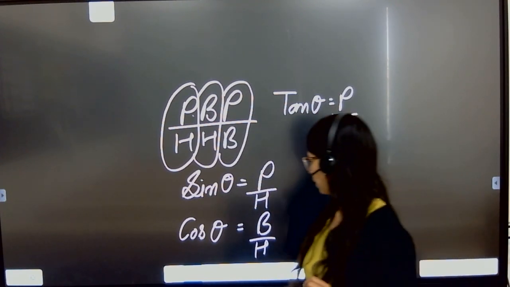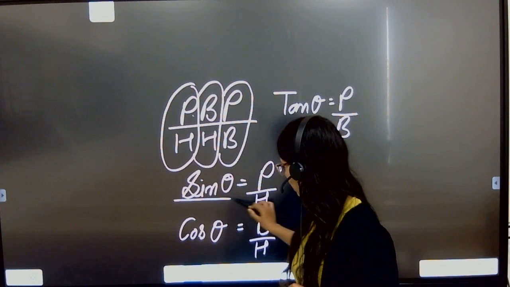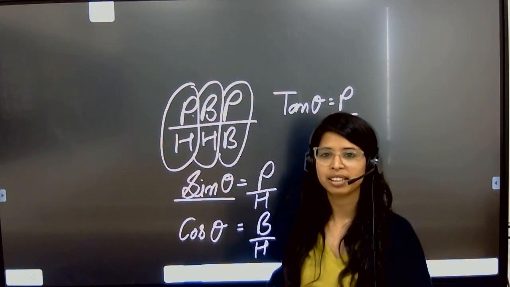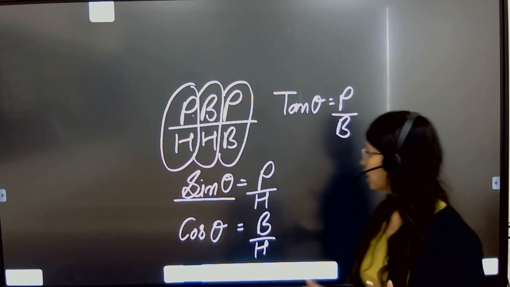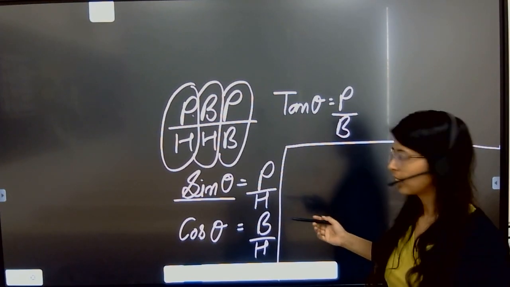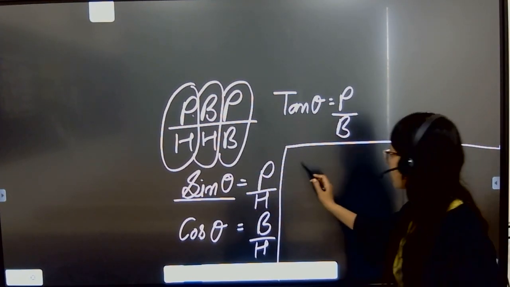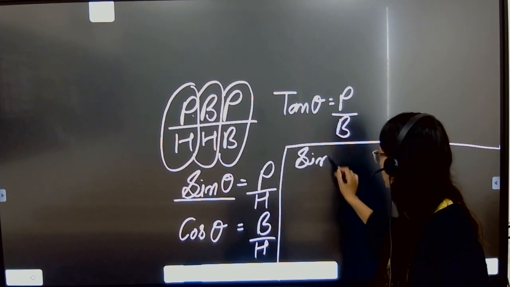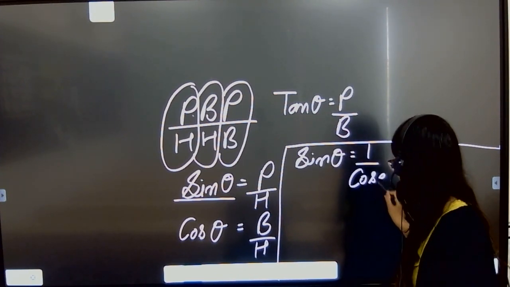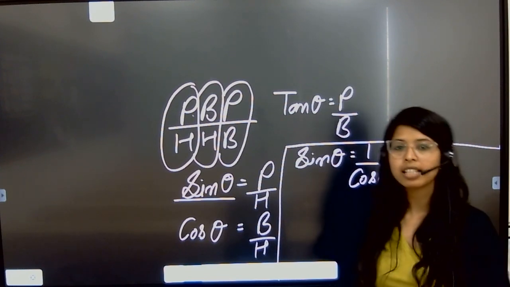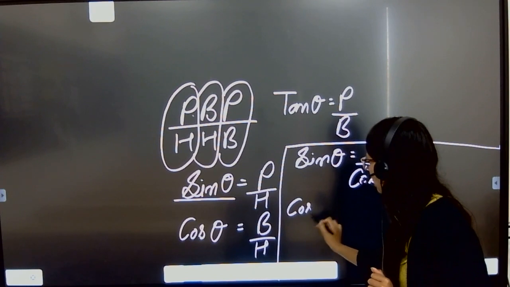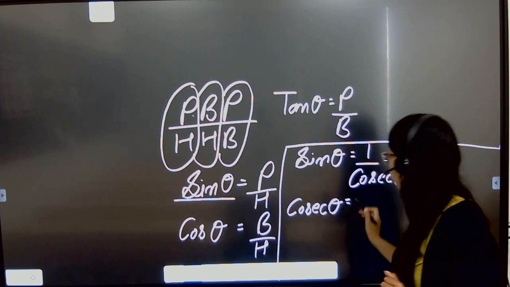Now let's see, sine theta is the inverse of cosec theta. There are too many formulas, don't worry. After practicing many questions, you will learn these formulas. We can write sine theta as 1 upon cosec theta, or we can write cosec theta is equal to 1 upon sine theta.